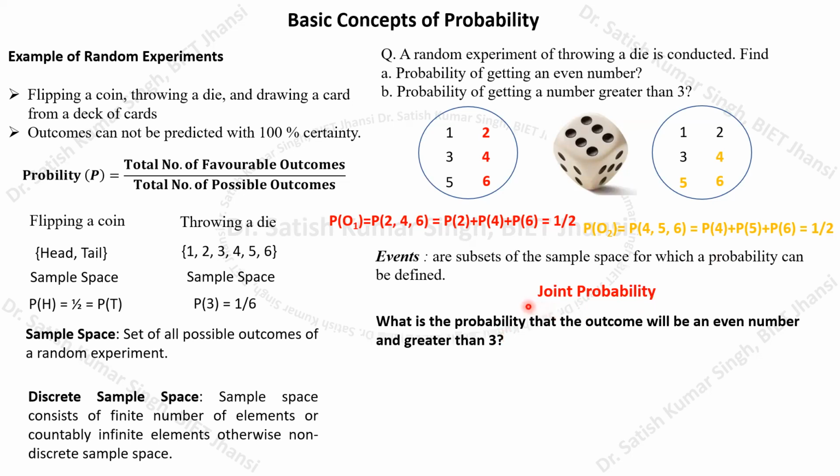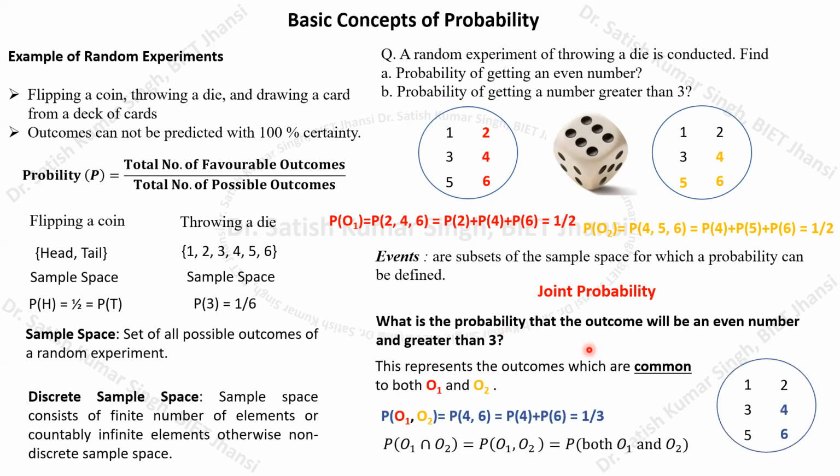So here we can define this joint probability. How do we define it? This joint probability represents the outcomes which are common to both outcome 1 and outcome 2. Here this is outcome 1 and here is outcome 2. So it is common to both outcome 1 and outcome 2. Normally this can be represented as the probability of outcome 1, comma, outcome 2.